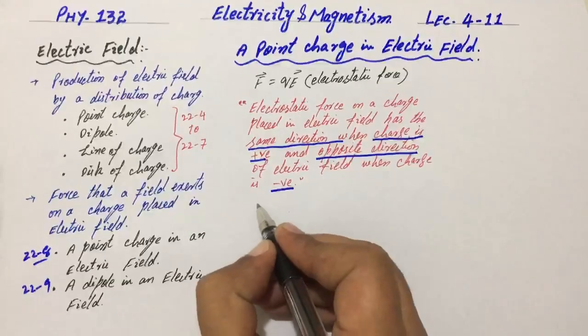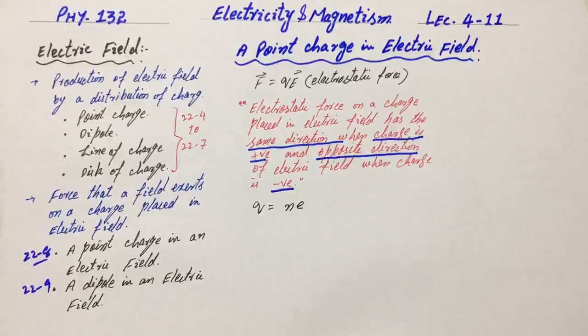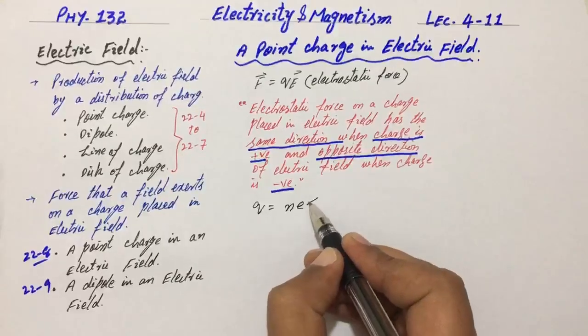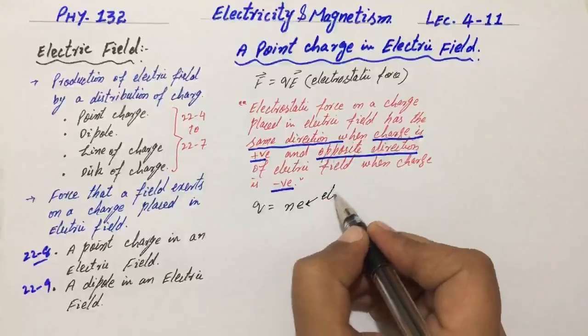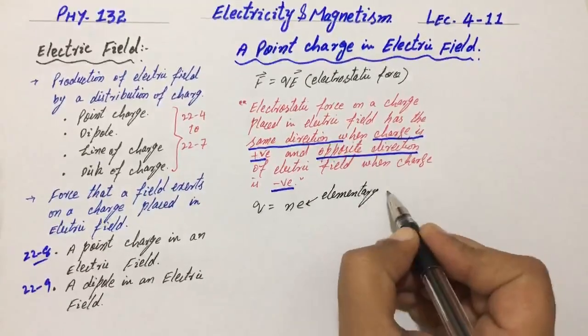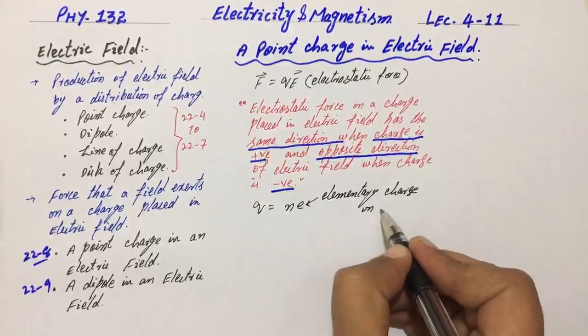That Q is equal to NE, what we already discussed in chapter number 21 in the case of quantization of charge, where e is the elementary charge on an electron.